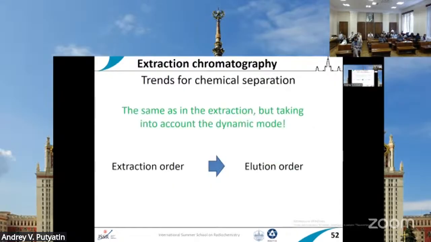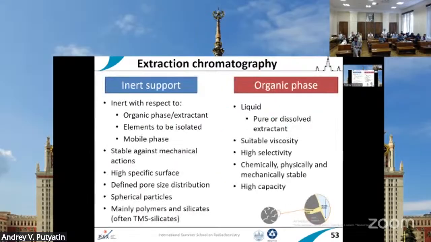As far as extraction chromatography uses an extractant, the properties of the sorbents are the same as the extractants we use. How do we put extractants on this resin? The inert support or substrate for these resins is a very porous media, so it is important to have a very porous inert support.